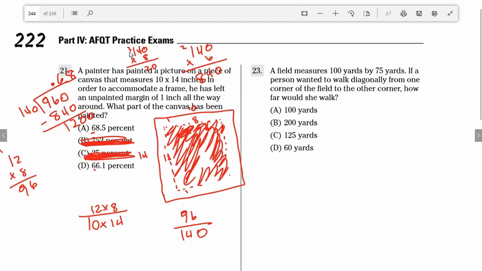Carry the 3. 8 times 1 is 8, 9, 10, 11. So we know this is 1120. And we can stop right there. We can see that this is going to be 0.685, which is answer choice A.